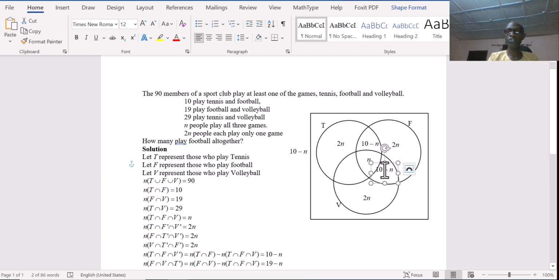So I'll have to change this to 19. So drag it a little bit. So better. So we have 19 minus N. So we've been able to do that.